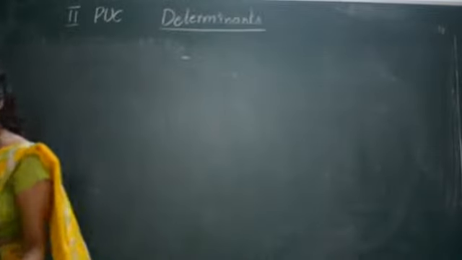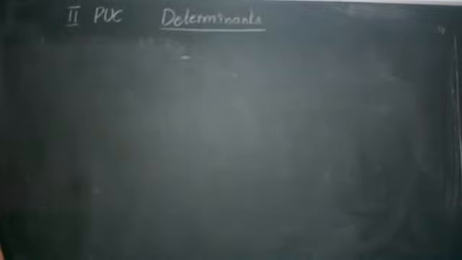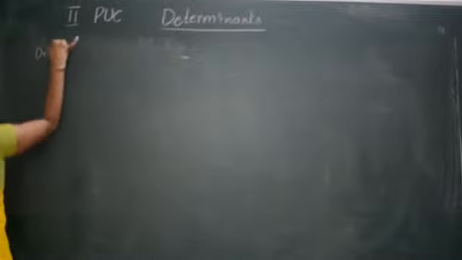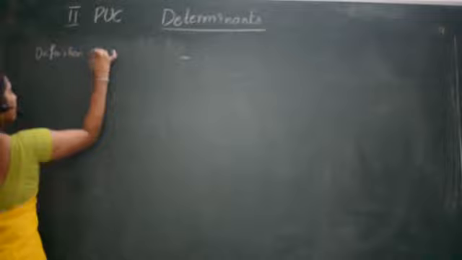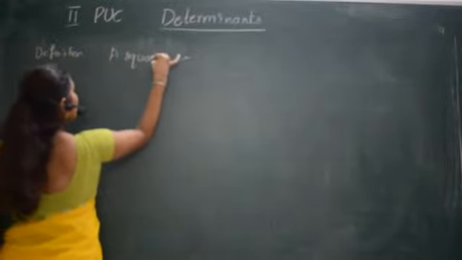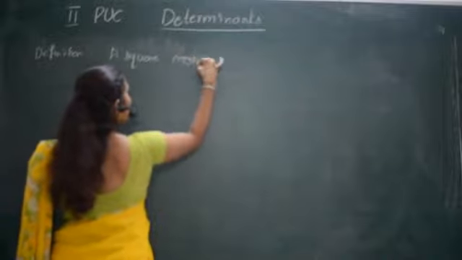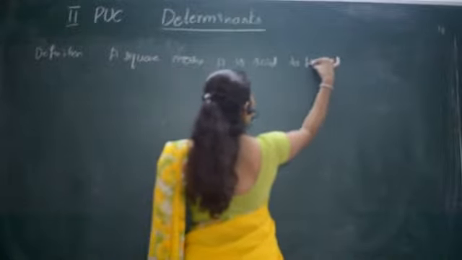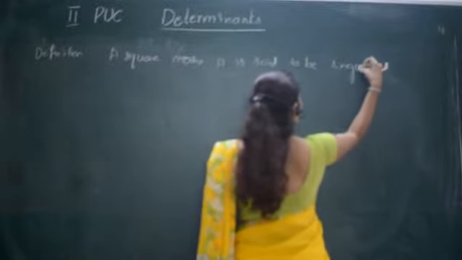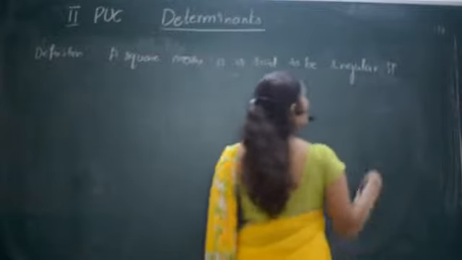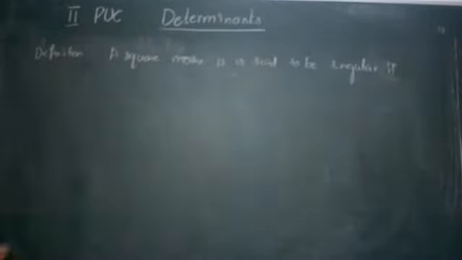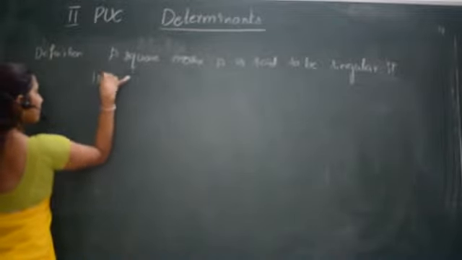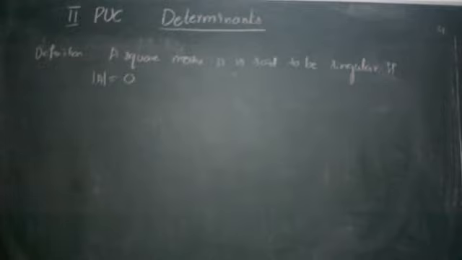One more definition: a square matrix A is said to be singular if determinant of A is equal to 0. So this matrix is called a singular matrix.